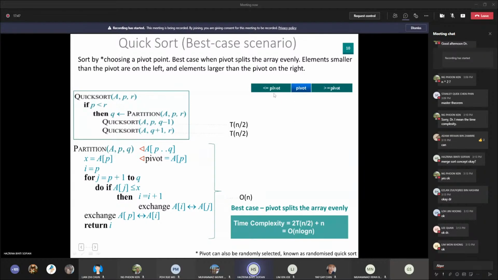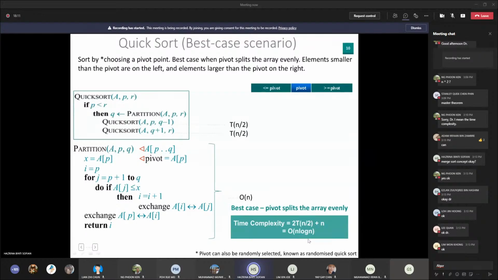The average case will be like the pivot can be somewhere here or somewhere here. And the worst case I will explain later. So the best case is here, got 2T(n/2) plus n for this function.